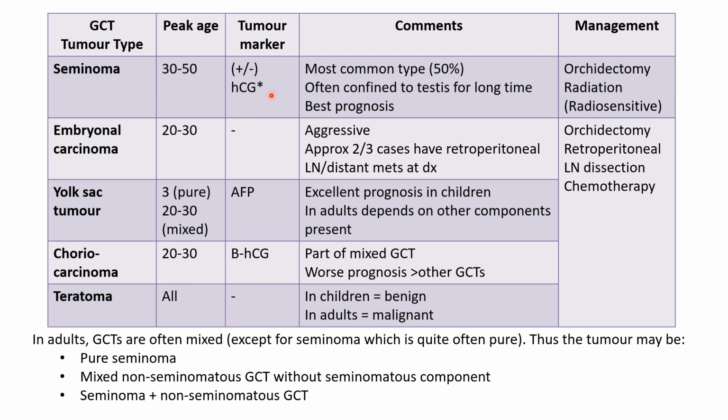You can see here with an asterisk, HCG can be mildly elevated in seminoma, and this is due to the presence of occasional syncytial trophoblasts, but the elevation is mild and not marked like you see in choriocarcinoma.